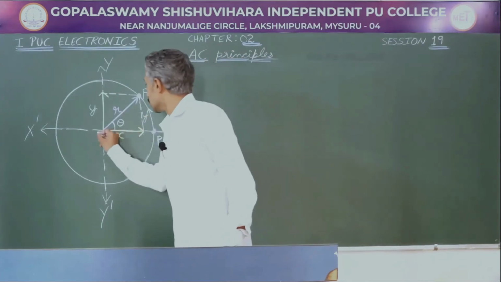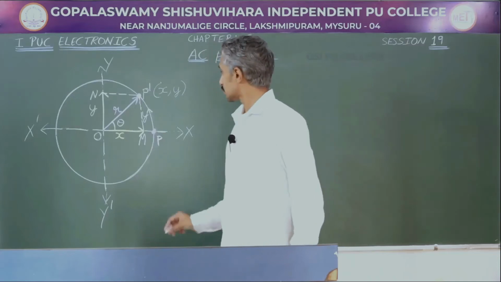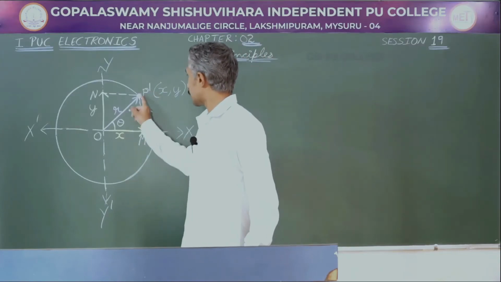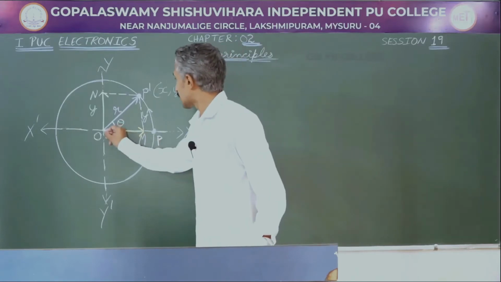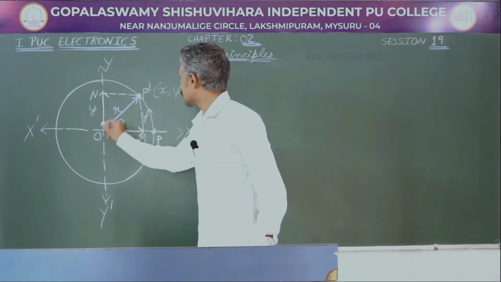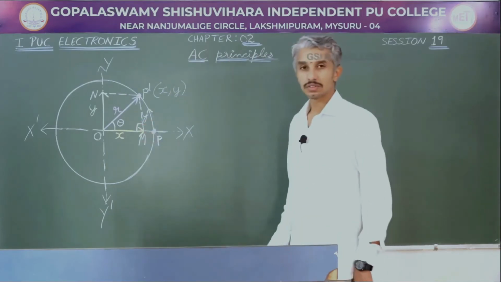Now, if I draw a perpendicular onto x axis, P dash M, and a perpendicular onto y axis, P dash N, this triangle O P dash M is now a right angle triangle.